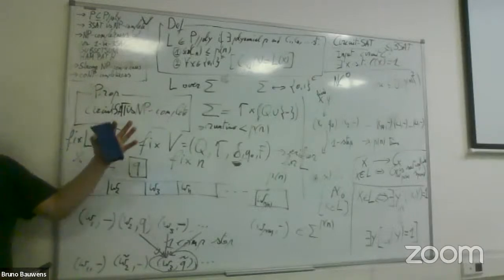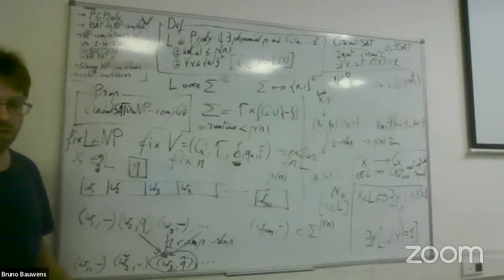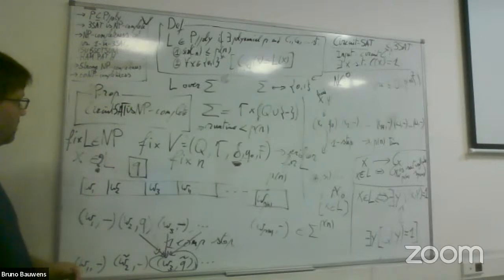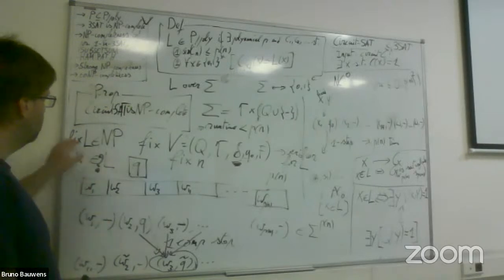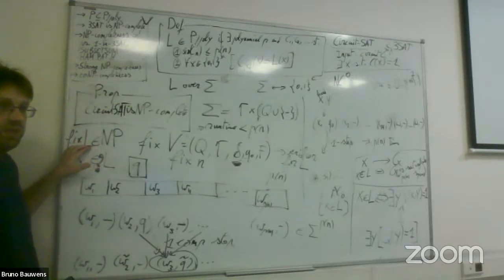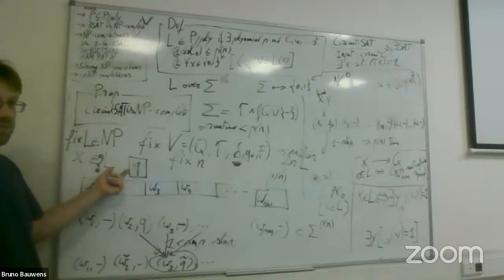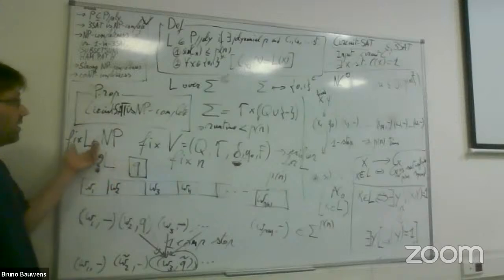This reduction I still need to explain. But for every language in NP, we need to map inputs of this language to circuits. So we've just built a reduction. That's the definition of NP-hardness.